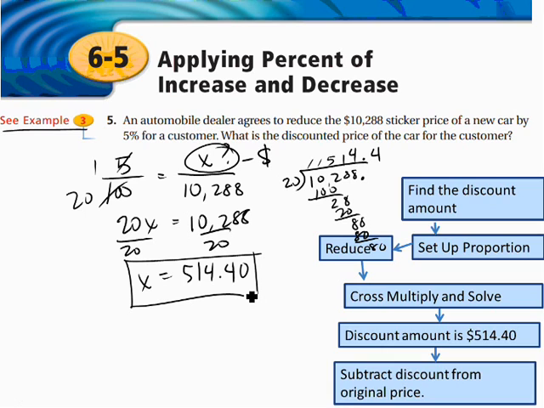The discount amount is what is subtracted from the original price. So we do 10,288 minus 514.40. Remember, if you're dividing or subtracting and you have missing spots above, after you line up your decimals, fill them in with zeros.